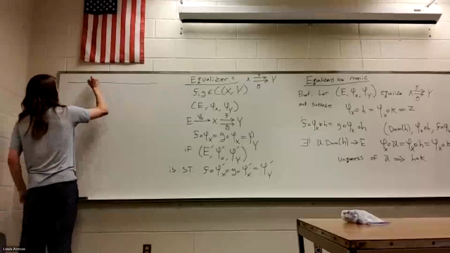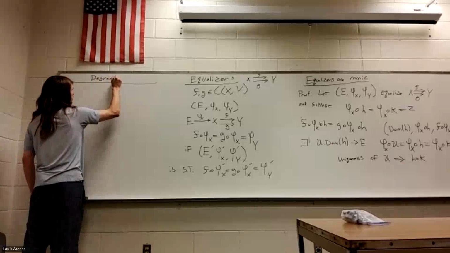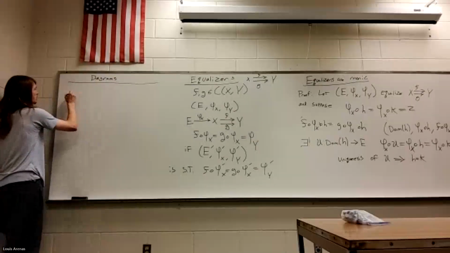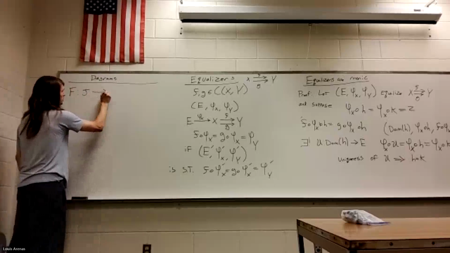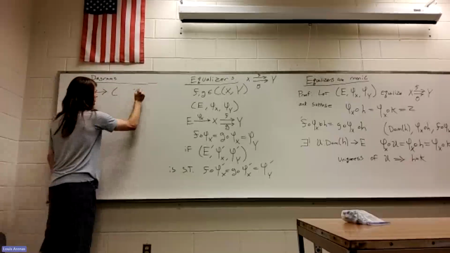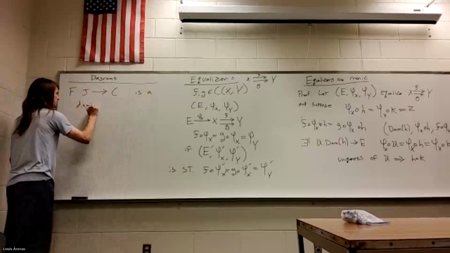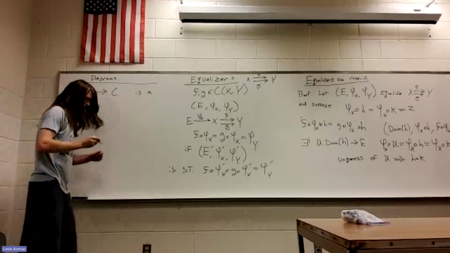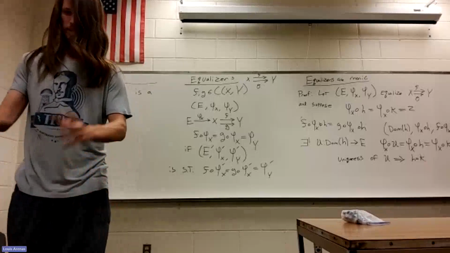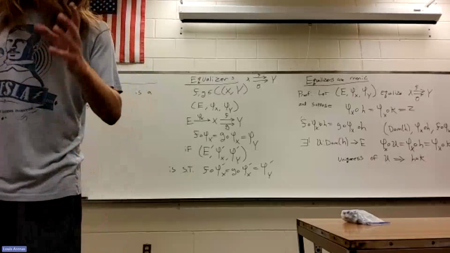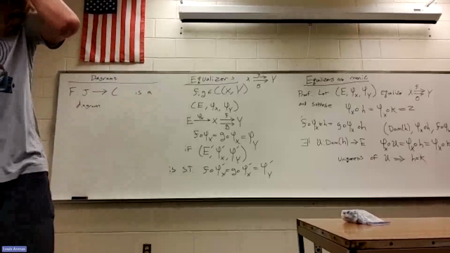Diagrams. This is going to be a really short definition. The diagram. So for whatever reason, in category theory, we sometimes distinguish between the image of a functor and the functor itself, even though we're really talking about the same thing.